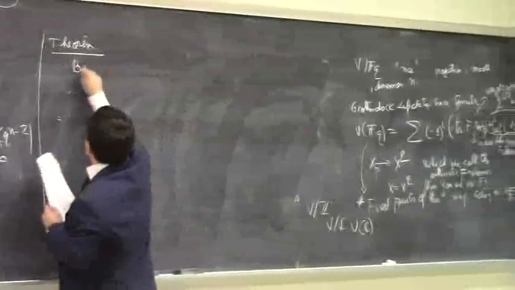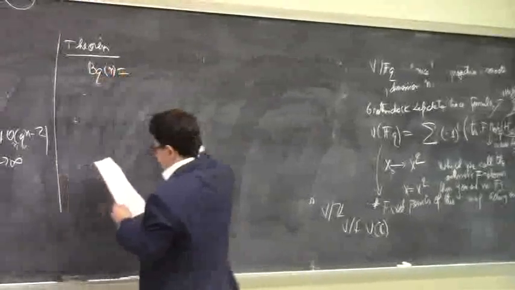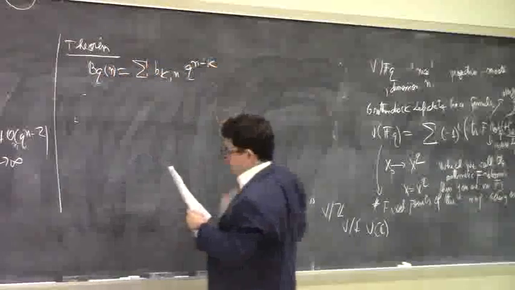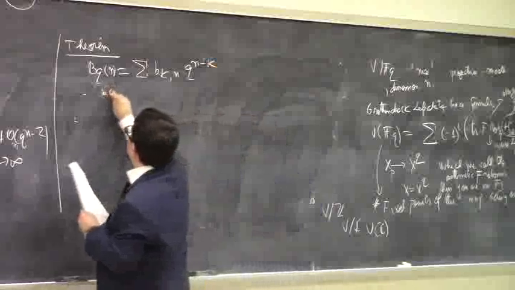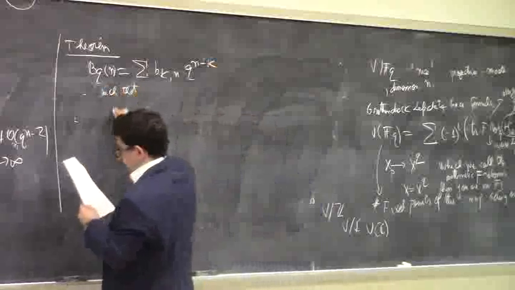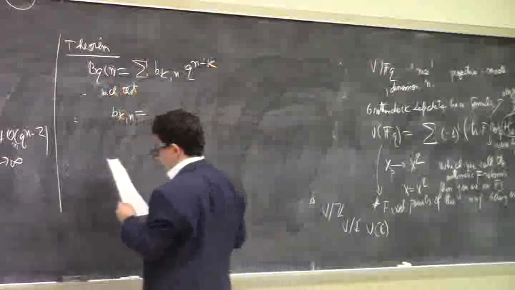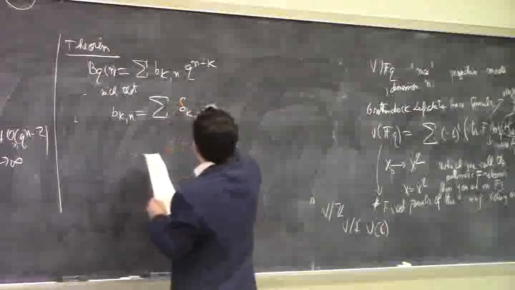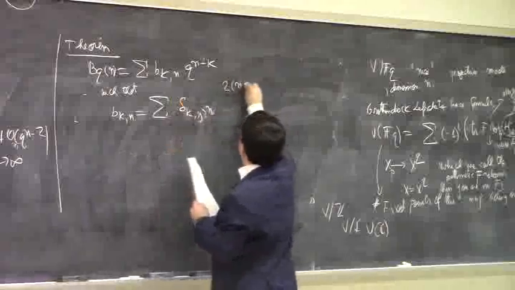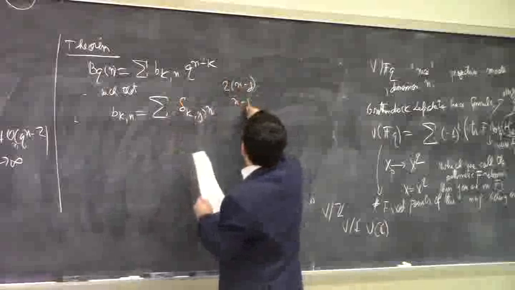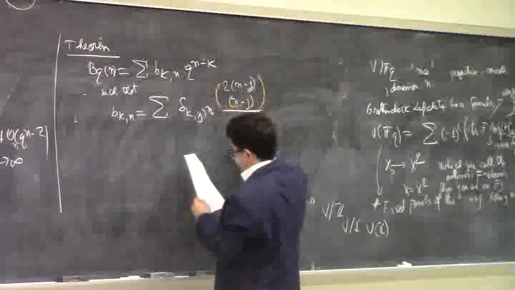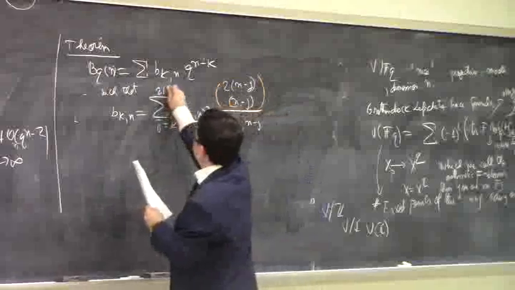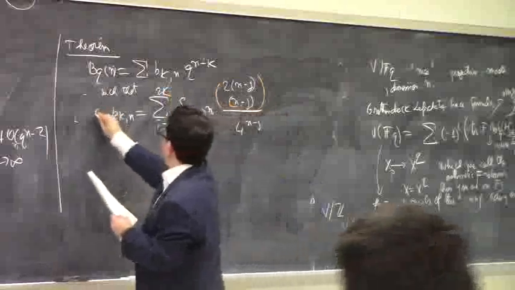We can write B_QN as a sum of B_KN Q^(n-k), such that B_KN is equal to a sum of delta_kjn times binomial (2n minus j) for to the n minus j, from j equals k to 2k. Okay, that's the first part.